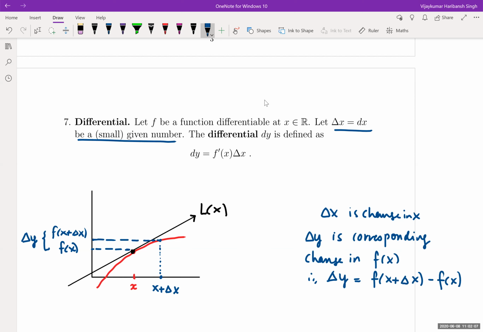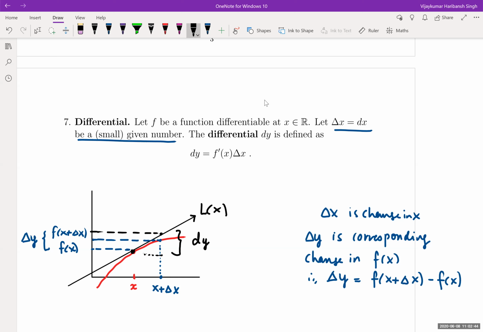Now we want to see, if your x changes a little bit, from x to x plus delta x, how much does your y change? Again, that would be delta y. But instead of doing that, what if we look at the change corresponding to the tangent line? So this change here. Instead of that, the change in the tangent line at x would be dy.